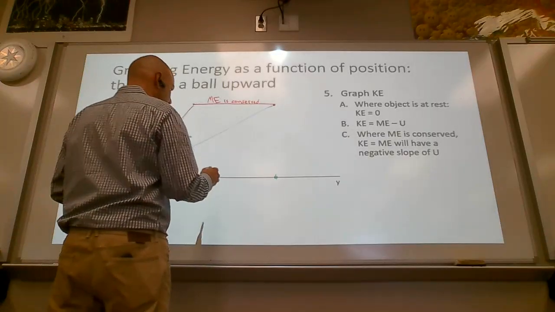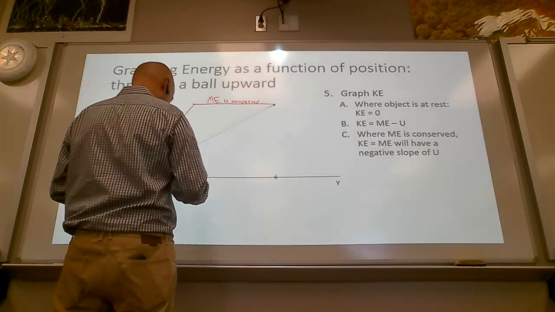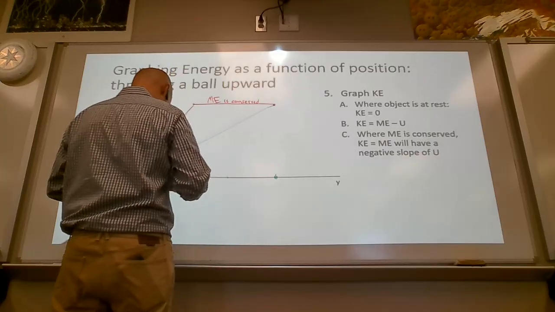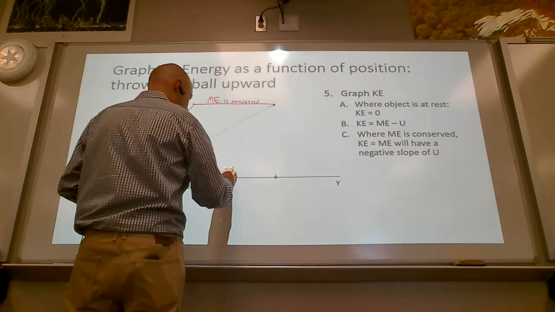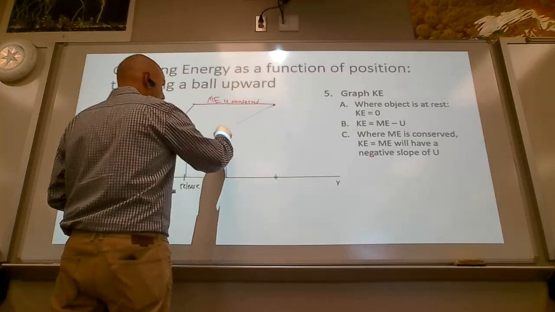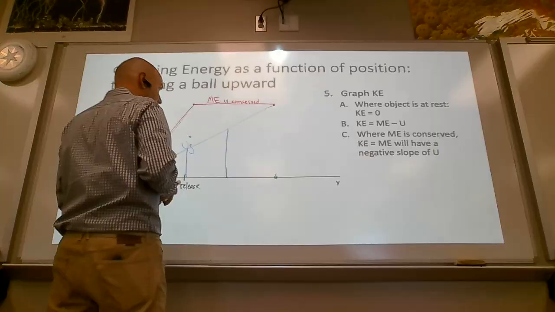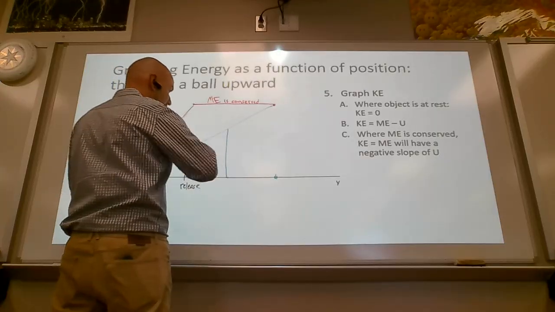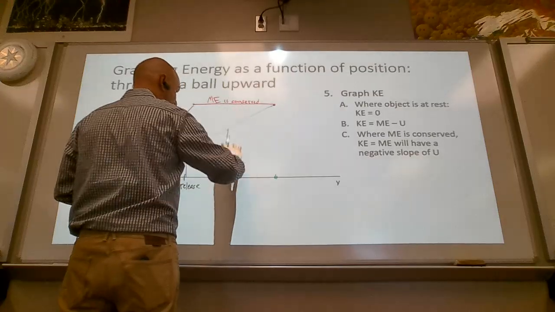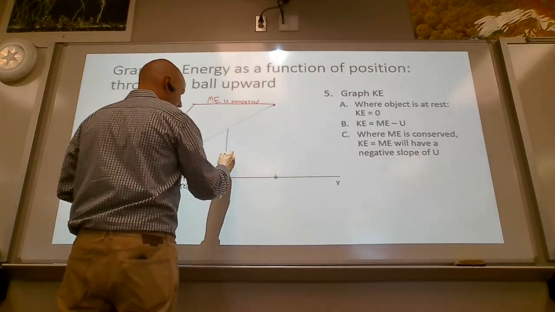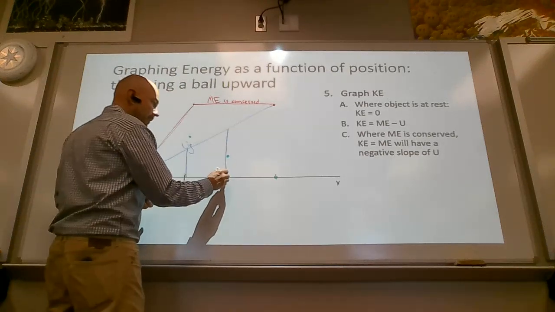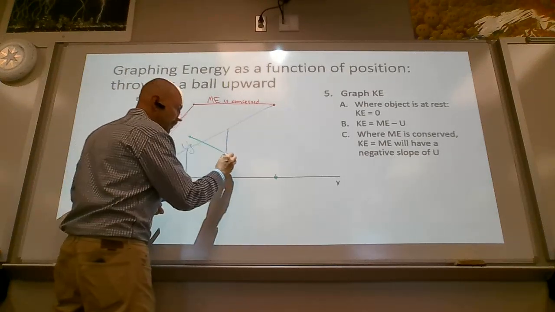And I'll just take another point just to show. So the blue at this location is this much potential energy. That plus the green is going to give you the red height. Does that make sense? Okay, so this is going to end up doing that.